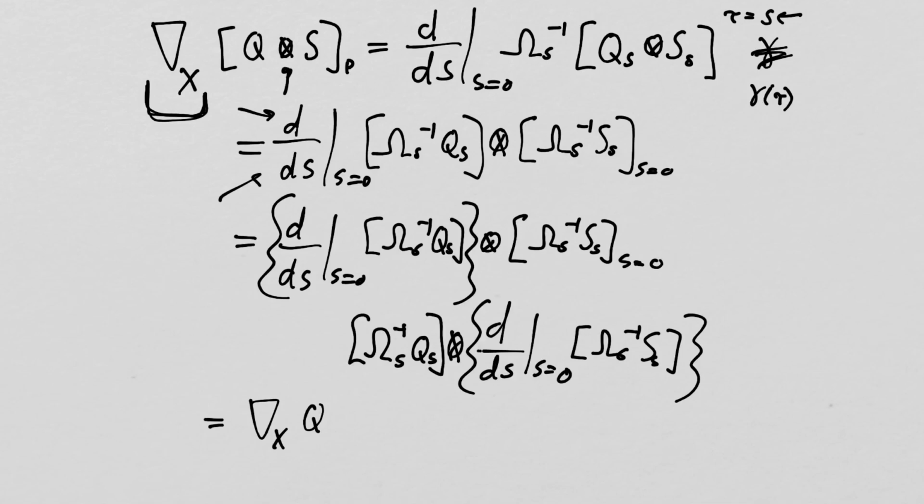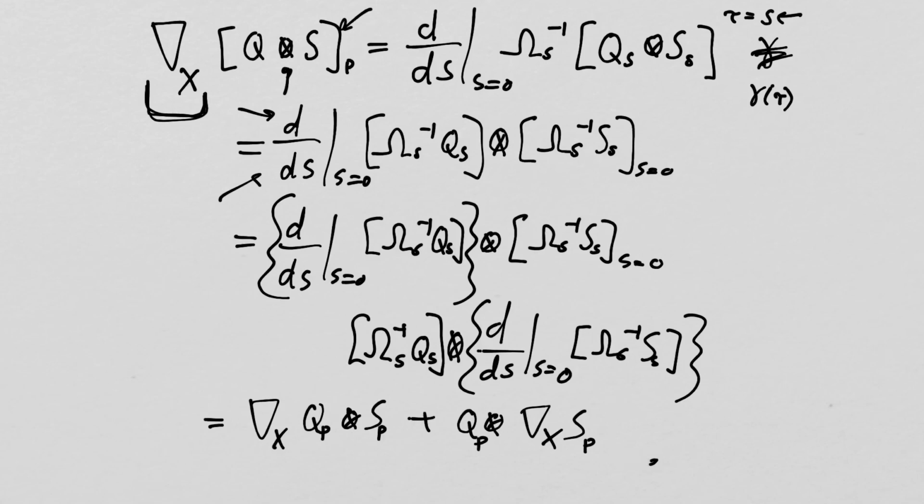And then, so that's tensor product s plus q tensor product s, like this, where this whole thing is now at s equals 0, which of course means all of these guys are at p, which is what we were after, right? Getting it all at p.